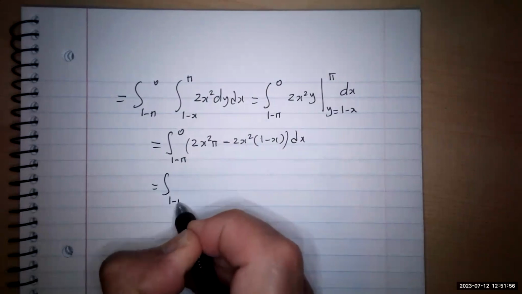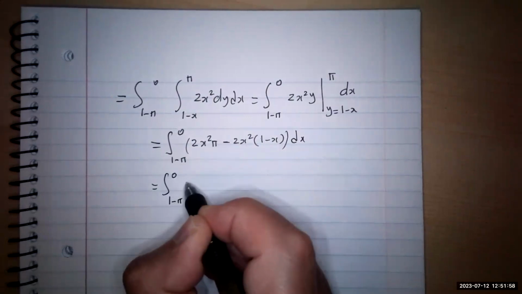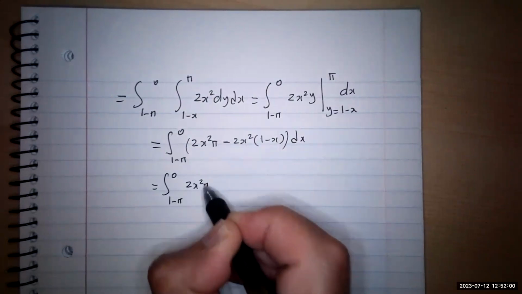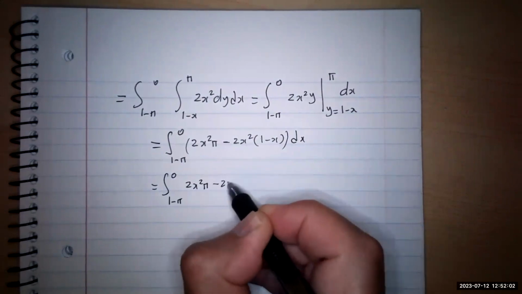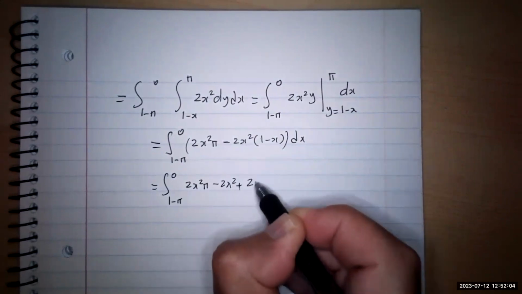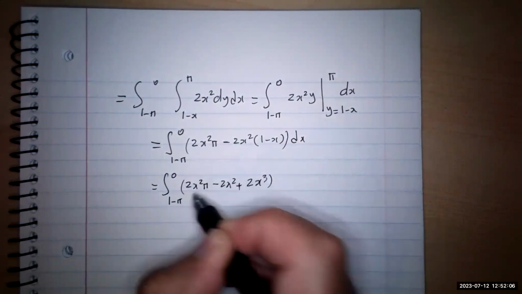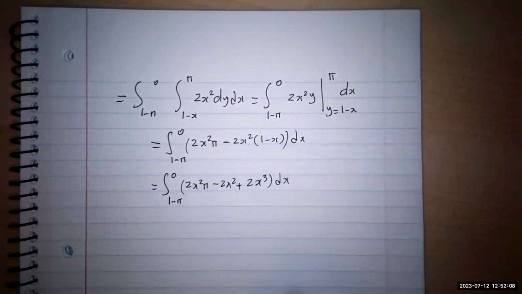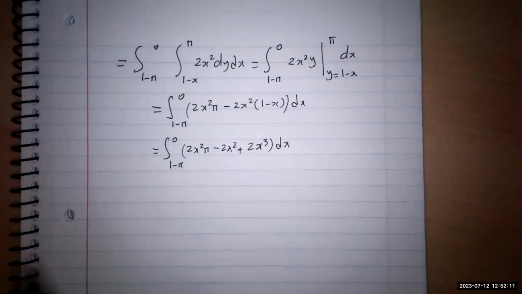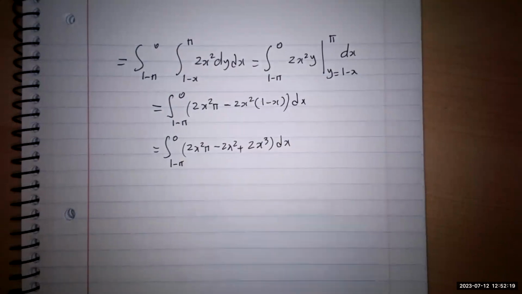So it's going to be 1 minus pi to 0, 2x squared pi, multiply inside the negative, 2x squared plus 2x cubed, 2x cubed dx. Okay, easy. You cannot simplify it. You can factor out, if you like, but you keep it, and at the end you just do the factoring.